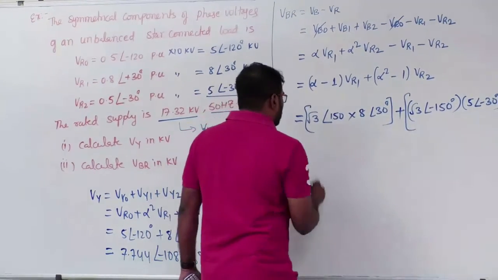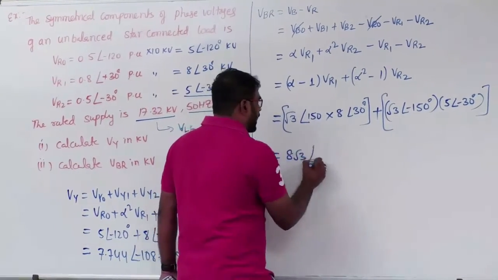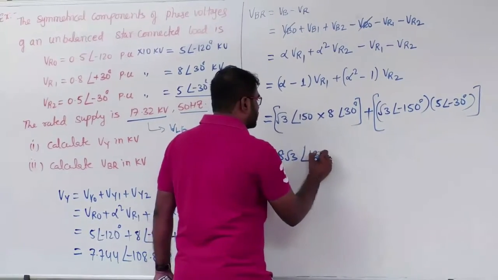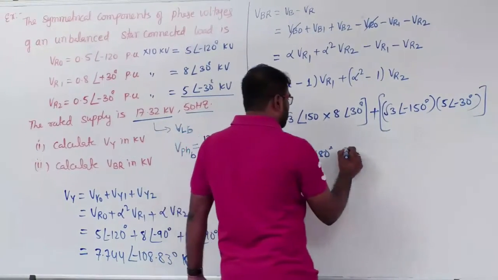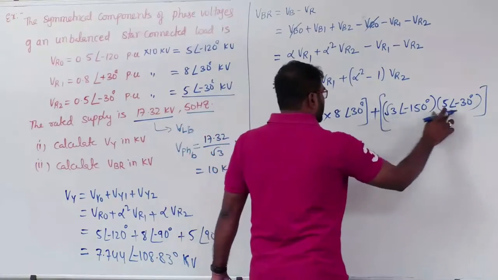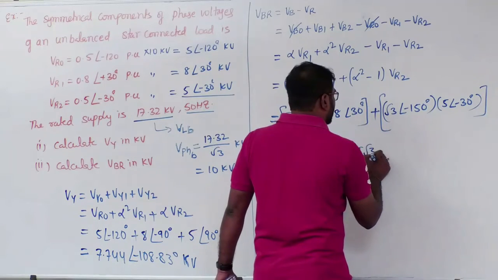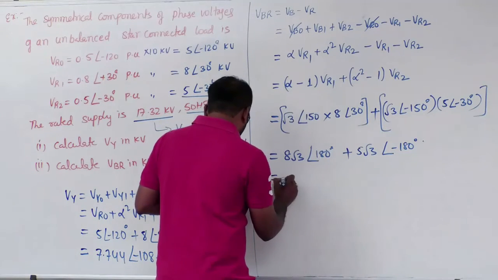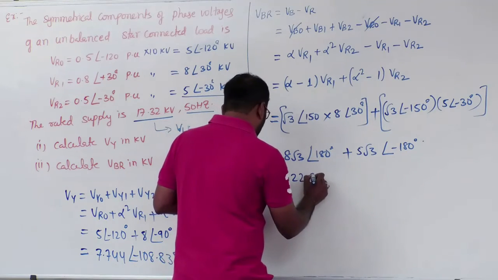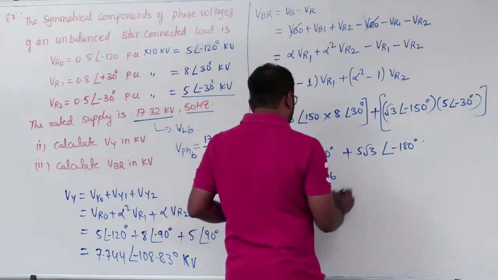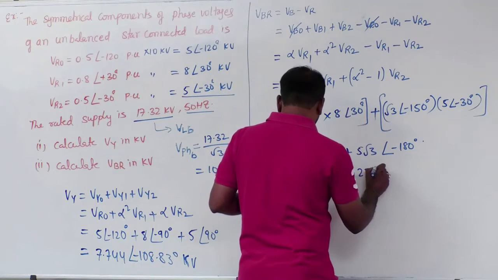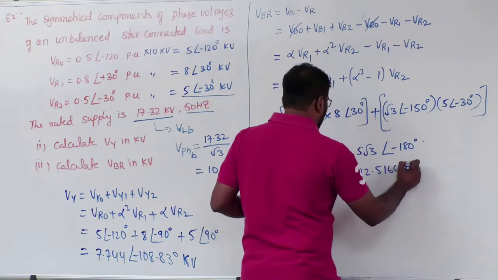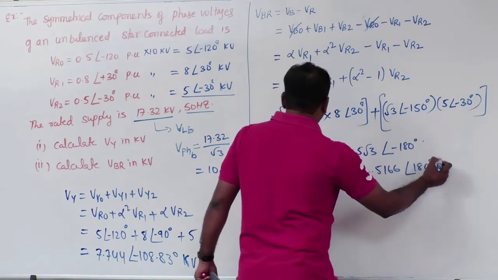So what do I get now? 8 root 3 at an angle 180 degrees, 150 plus 30, plus root 3 into 5, that is 5 root 3 at an angle minus 180 degrees. If I solve this, we get minus 22.5166, that is nothing but 22.5166 at an angle 180 degrees.